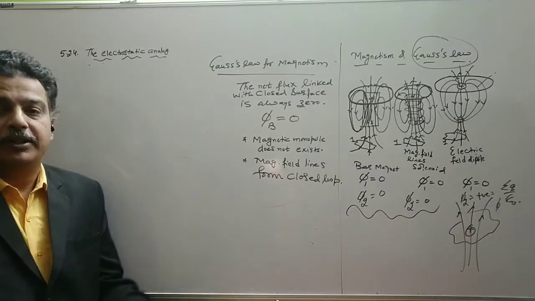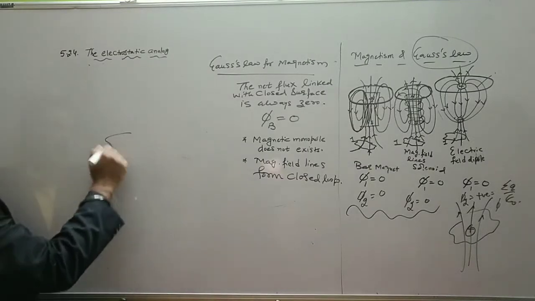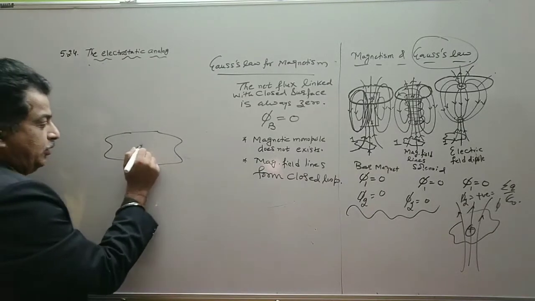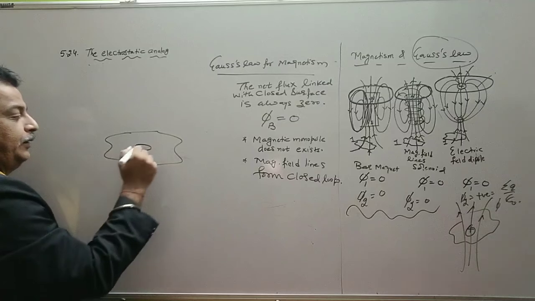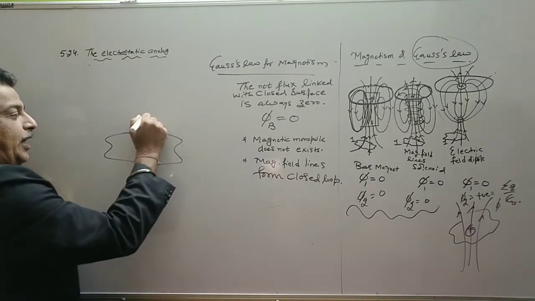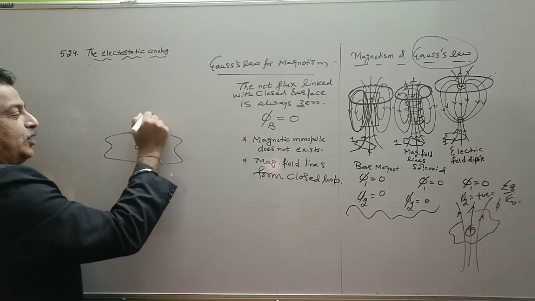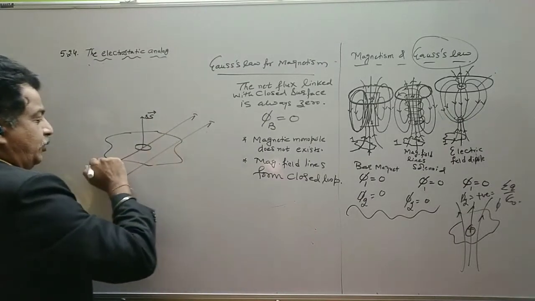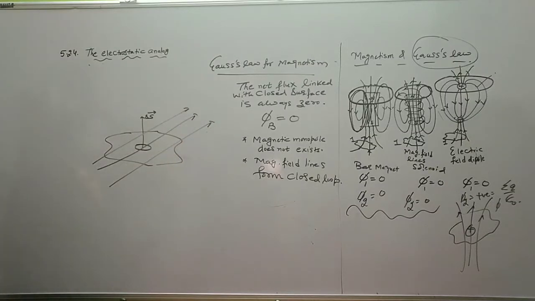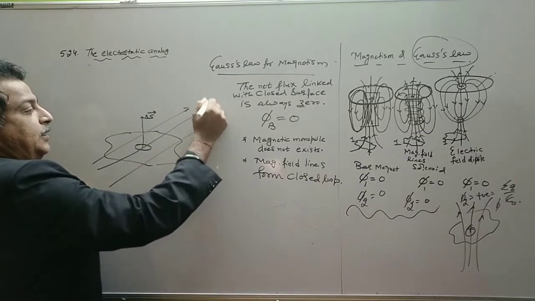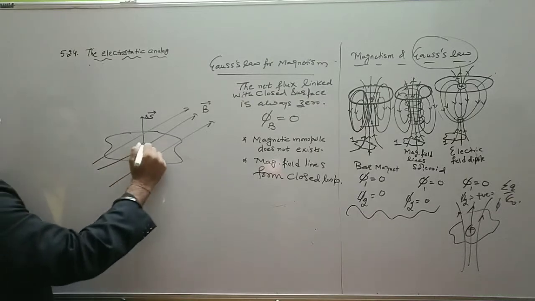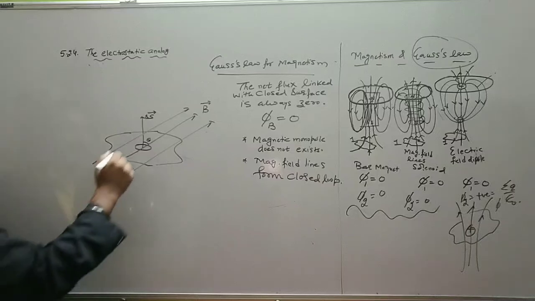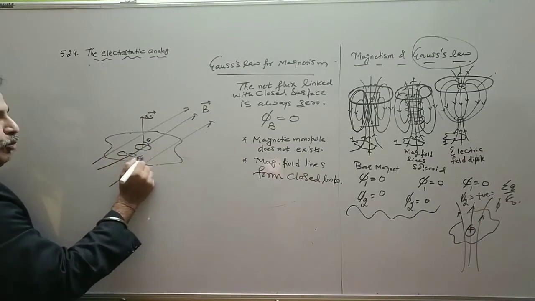However, if the closed surface is irregular, we know the process. We make a small element. So this is a small element, say this is your delta S vector, and suppose the magnetic field lines are passing through this surface. So these are the magnetic field lines, and this will be considered as theta. So again, the entire surface should be divided into small elements.